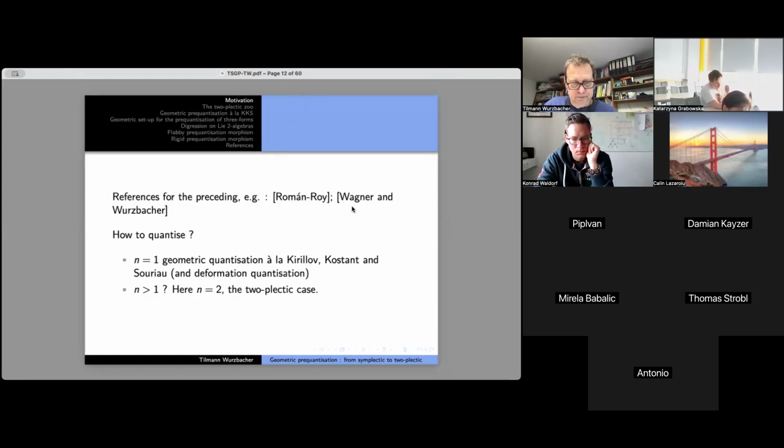One is that this is the first case which is really beyond symplectic, so it's natural to start there. The second is that, even though somebody claimed in the beginning that this is in a certain sense categorified higher geometry, I approach it in a very traditional, differential geometric way.